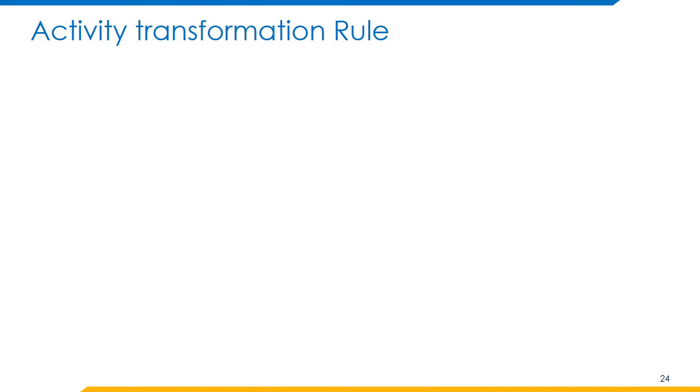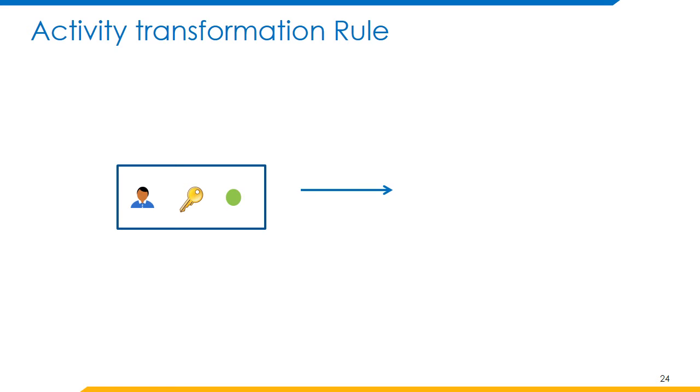Activity transformation rule. Activity transformation rule may be compared to resource object customization. Once an activity object is created, we can customize the way in which this object shall be stored. For example, we can transform native names for login ID into consistent naming across Identity IQ installations.